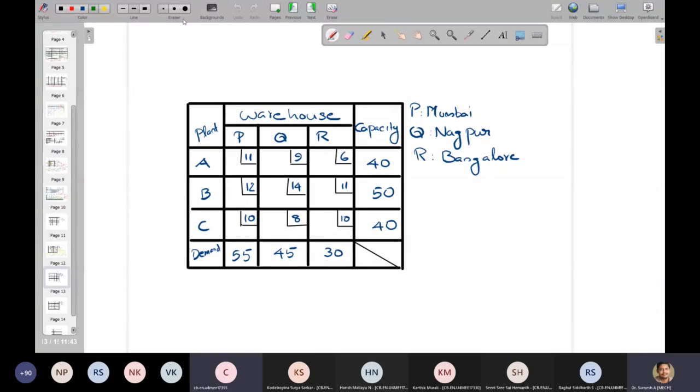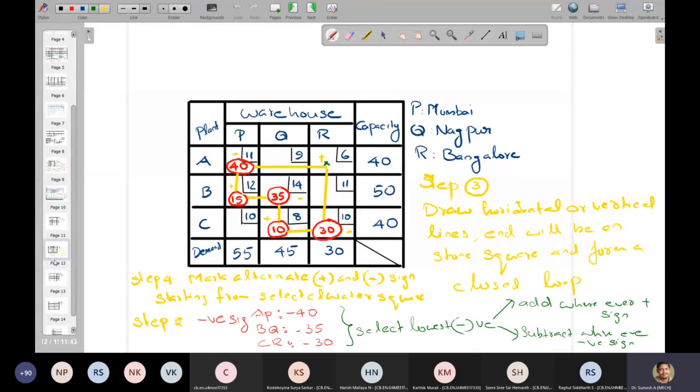Then what will be the value on AQ? Any value change on AQ? No, sir. In AR? Yes, sir, plus 30. AR becomes plus 30.